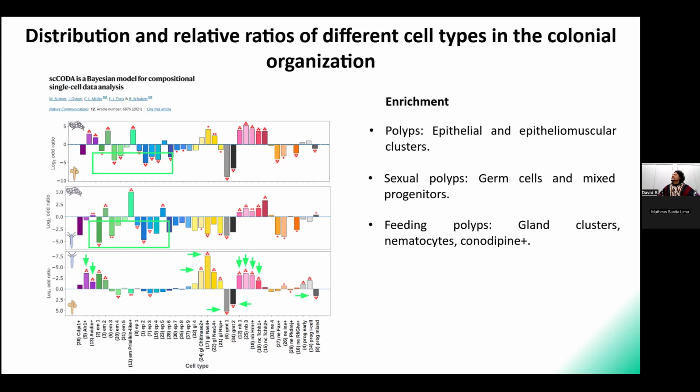And we see that the feeding polyps are enriched with gland cell clusters, with nematocytes and conolipin positive cells, which are these venom cells that haven't been that much studied in Hydractinia, at least.